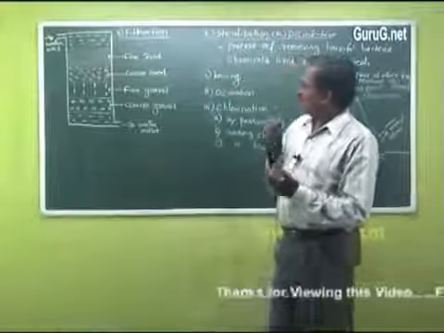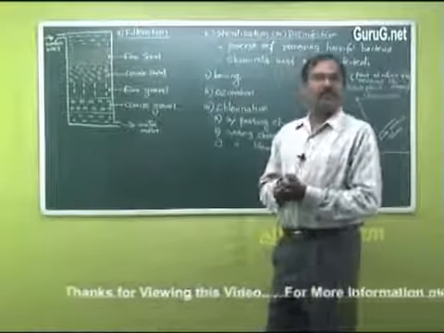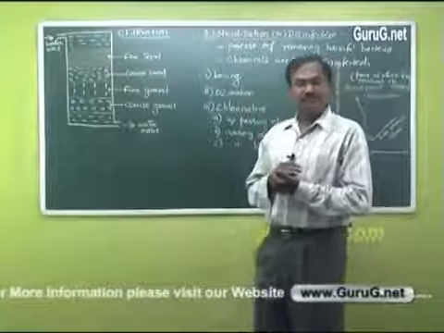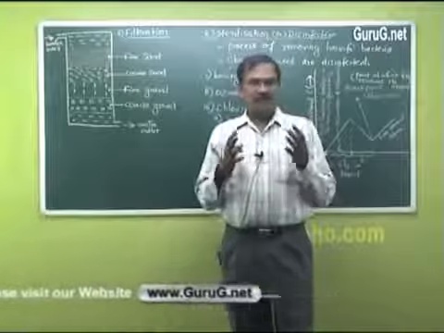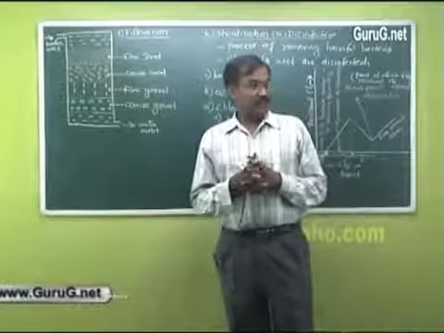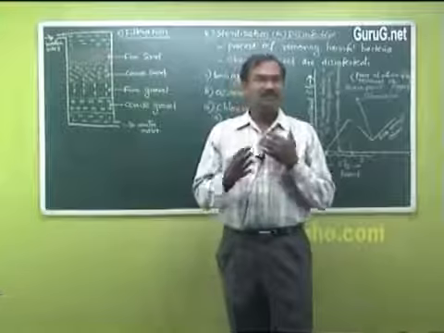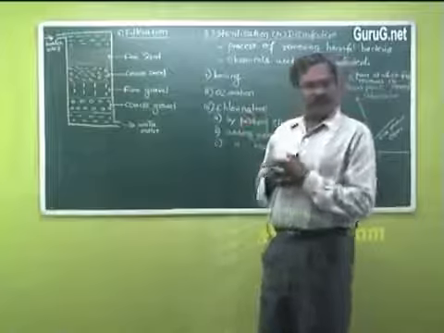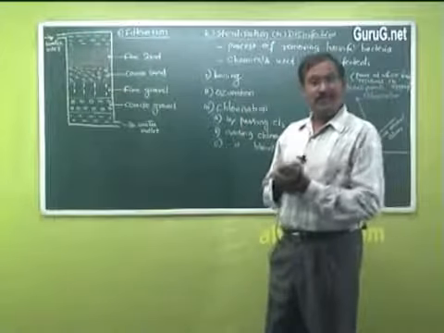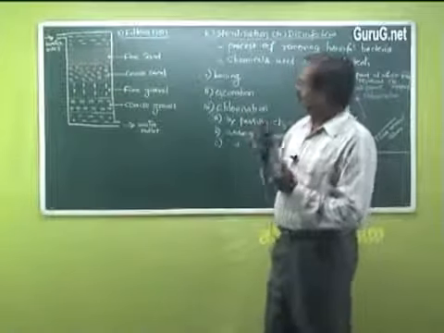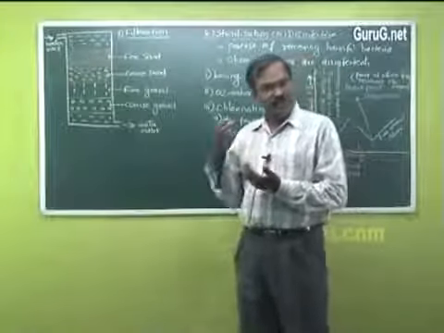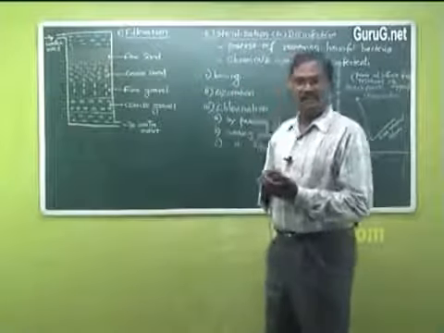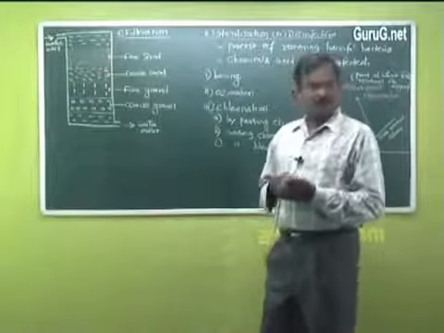So here is the fifth step in the treatment of water for domestic supply, that is our filtration. The term itself explains the meaning of filtration. It is just to remove the suspended impurities. But in this filtration, even minute particles and bacteria can be removed. Bacteria, color-causing substances, odor-causing substances, and some of the toxic materials present in water are removed.